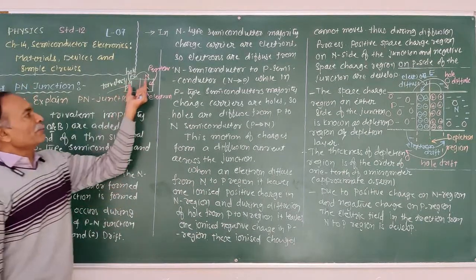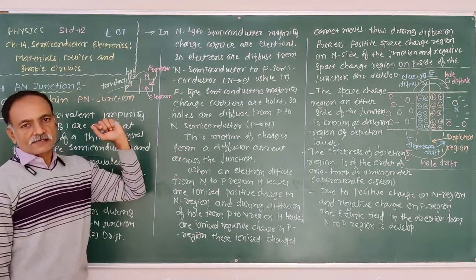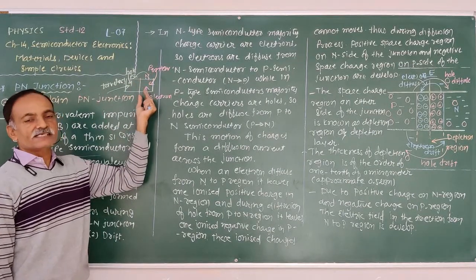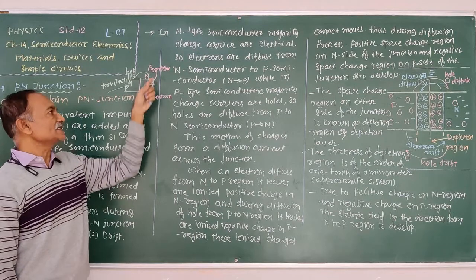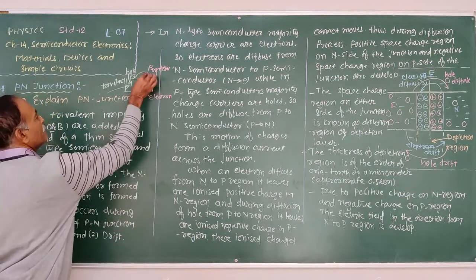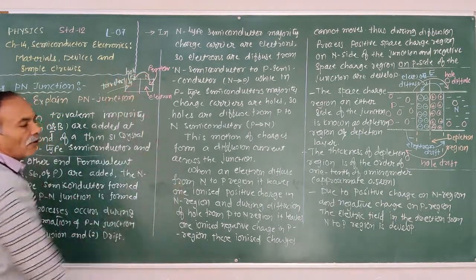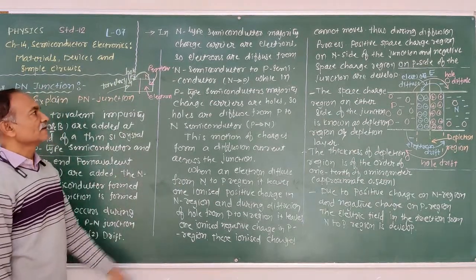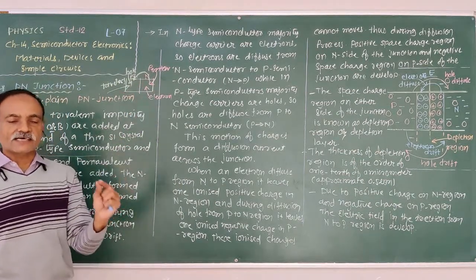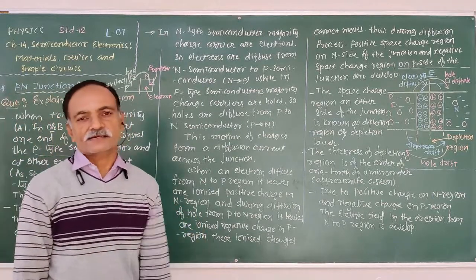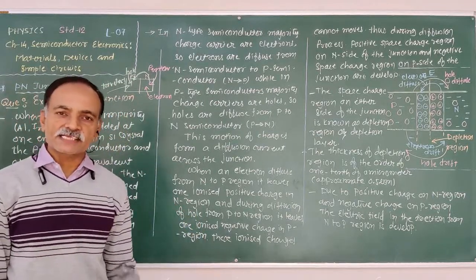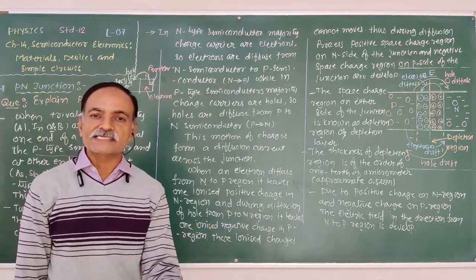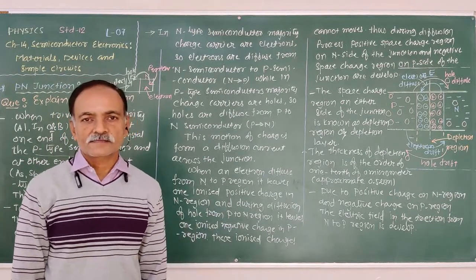So, during the formation of the p-n junction, in the n-type semiconductor, the majority charge carriers are electrons. These electrons diffuse into the holes of the p region. Now we discuss the n-type semiconductor. It is formed by adding the pentavalent impurity, that means the donor impurity atoms.